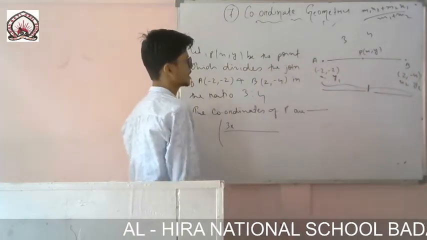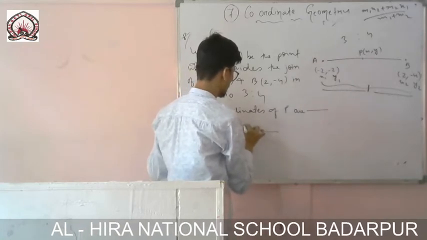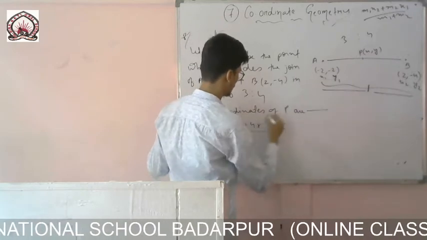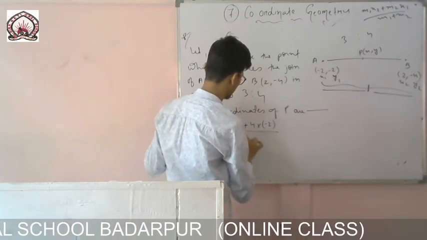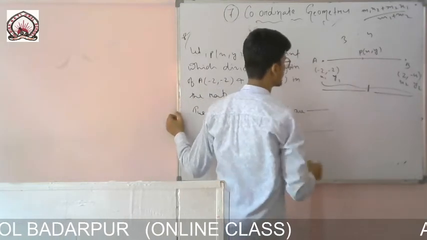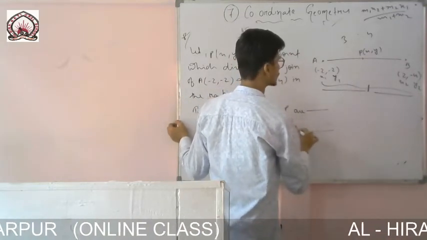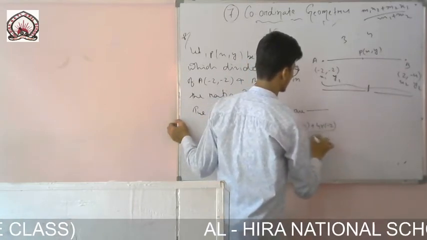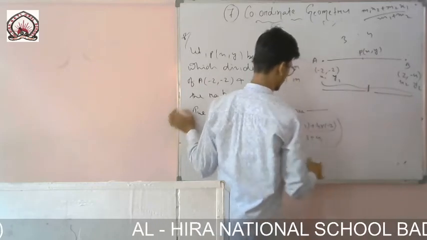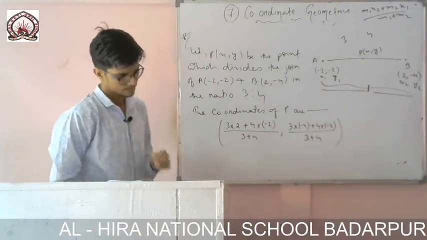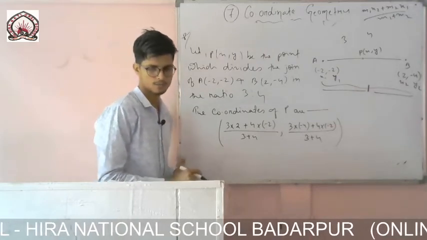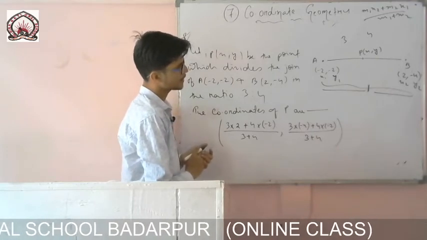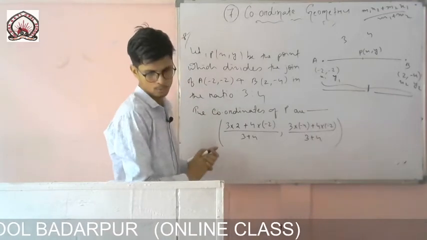So m1 into x2 is 2 plus m2 into x1 is -2, by 3 plus 4, and there again it will be 3 into -4 plus 4 into -2 by 3 plus 4.